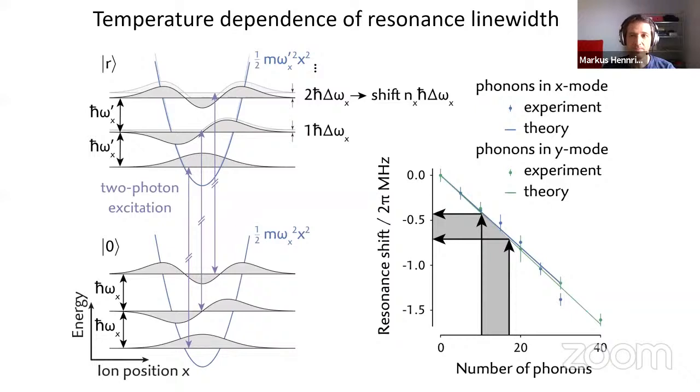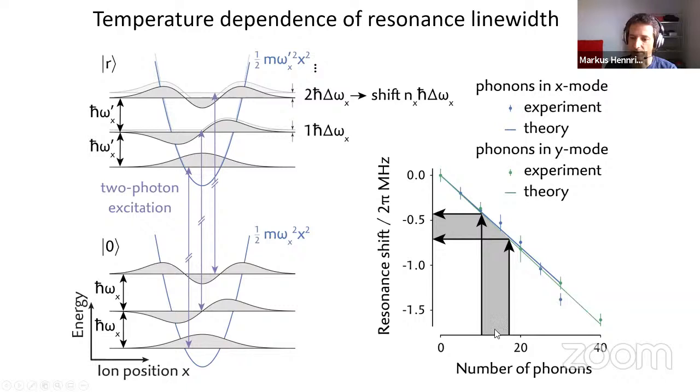Of course, if you don't start in a Fock state of motion, but if you are in a thermal state, for instance, just after Doppler cooling, you usually have an average population of your phonon states of n equal to 10 or something like that, or 15. Then many states here will be populated. And depending on the initial state, of course, you have a slightly different resonance frequency.